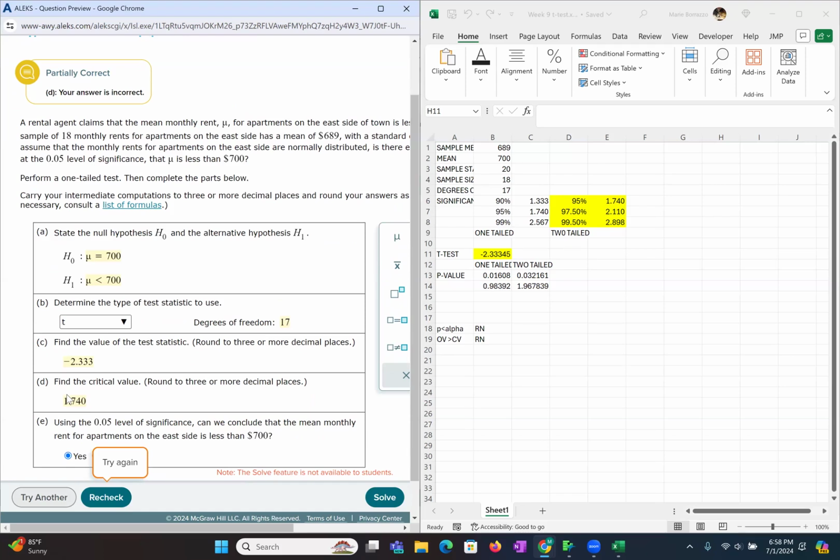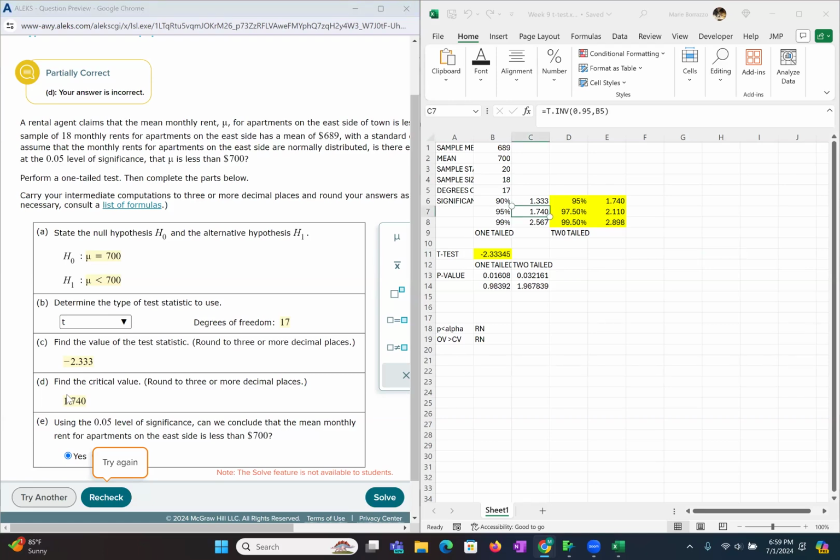We're correct on E, but D is incorrect. So what's the issue with this one? Find a critical value. The critical value is 0.05. Let me double check that.